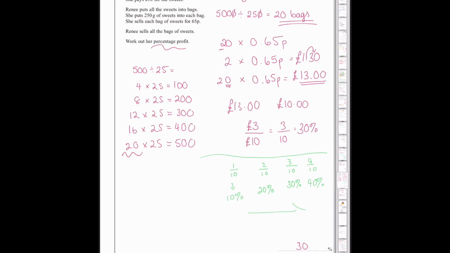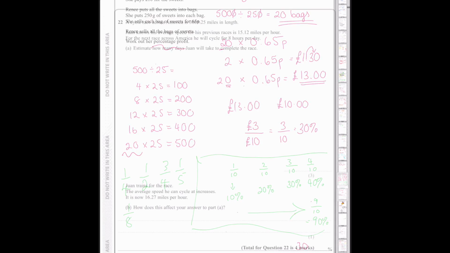And that continues all the way up until 9 over 10, which is 90%. Make sure you know those ones because they're really important, along with the other ones that you should know, mainly these. You should even learn that one. I think that's probably the most important. All right, let's move on then.